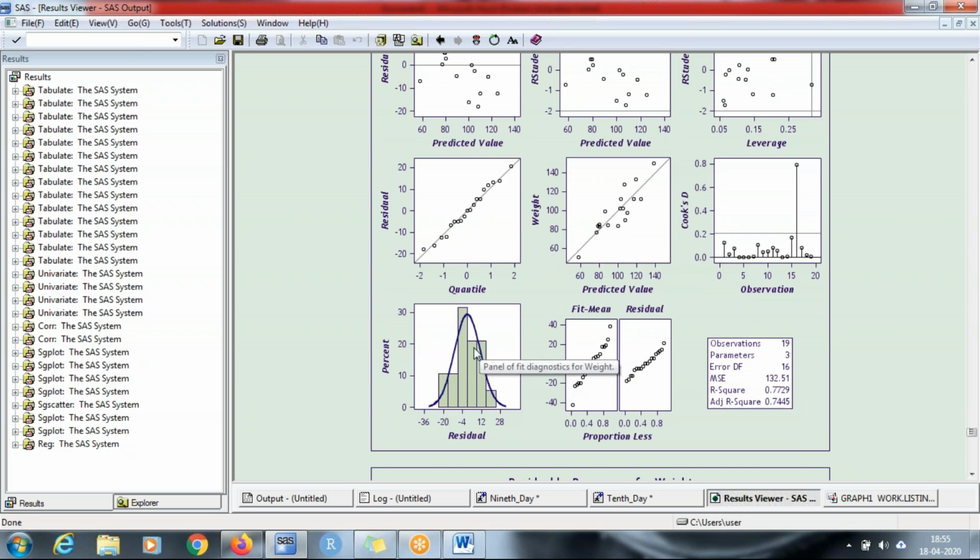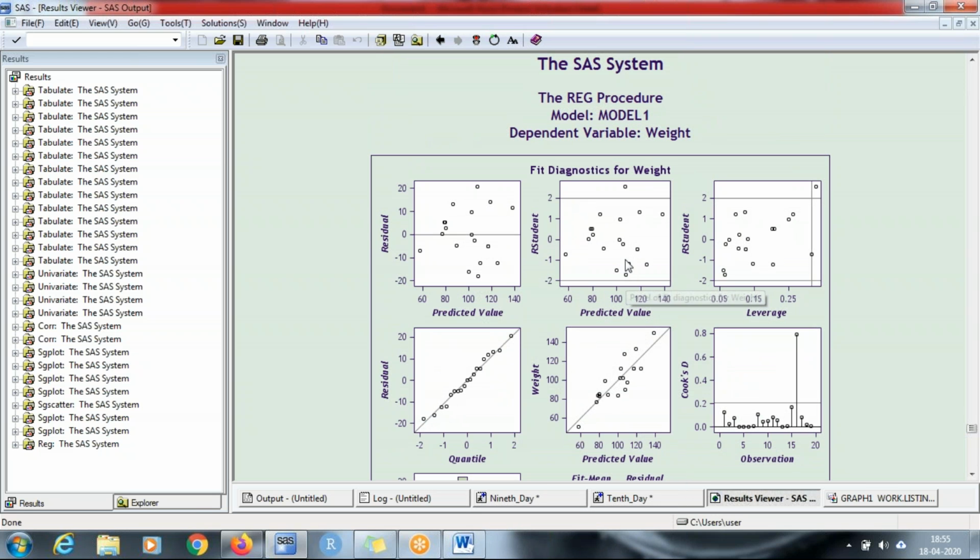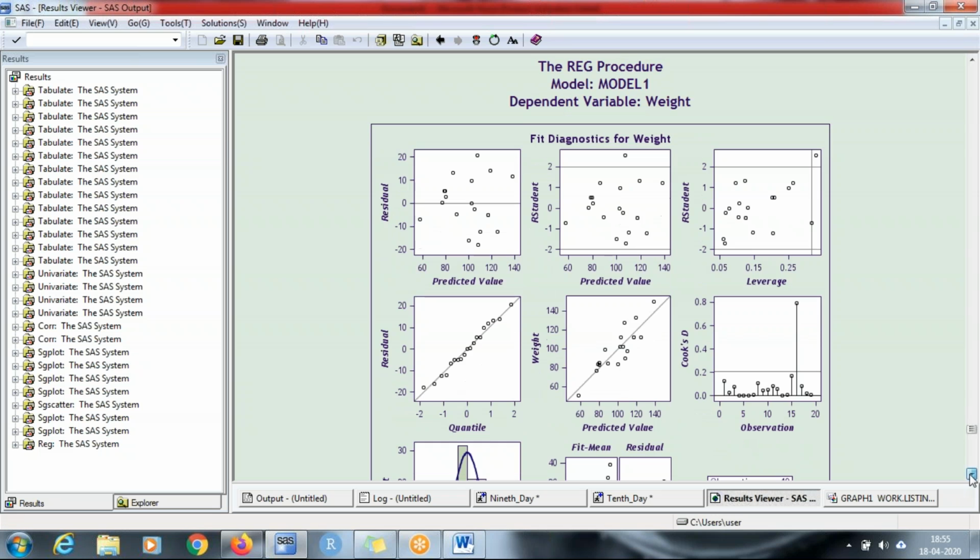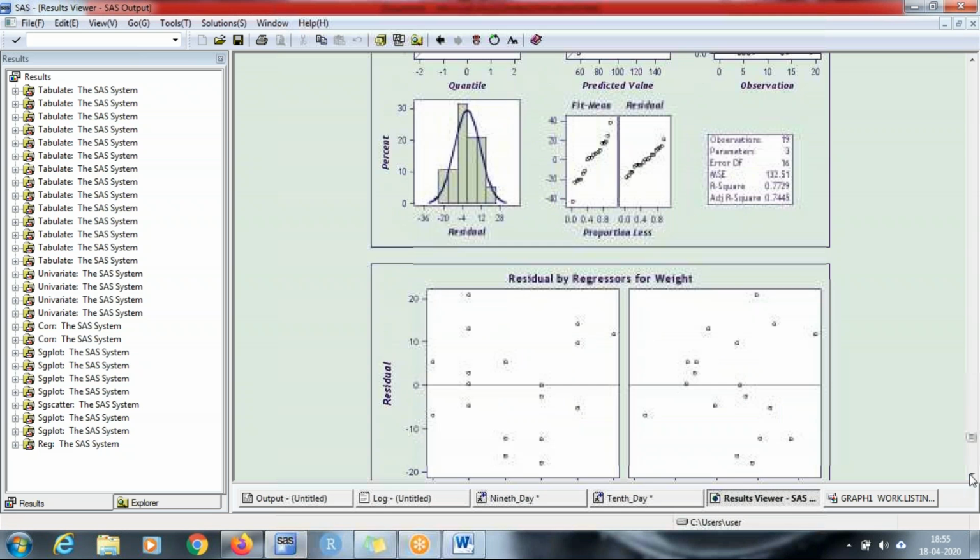For example, this is a graph of your residuals to check whether your errors are normally distributed, right? This is a distance graph. This is your predicted value versus actual value graph. This is residual versus predicted value. All other graphs, right?